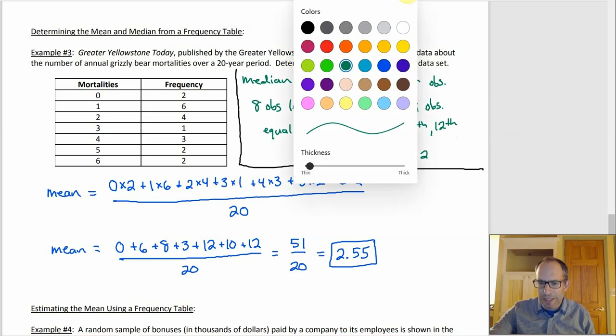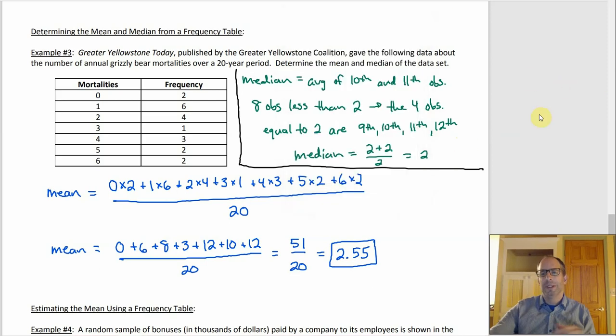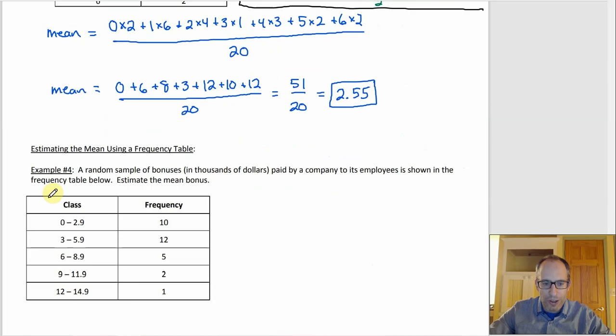The other example on this page is sort of an interesting idea. What if you can't get the exact mean? So what if instead of this kind of frequency table where you have individual values, what if you have one where you have classes? Then how do you do this?